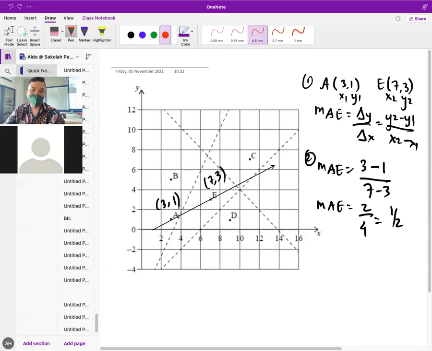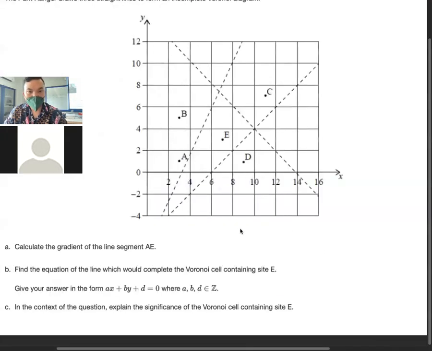Here, okay, you get it? That's actually the gradient, so a half. So basically, A is clear. Is it clear?